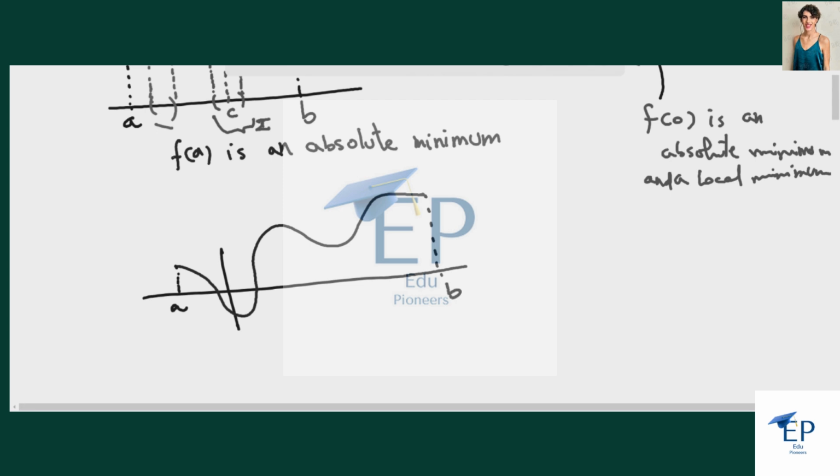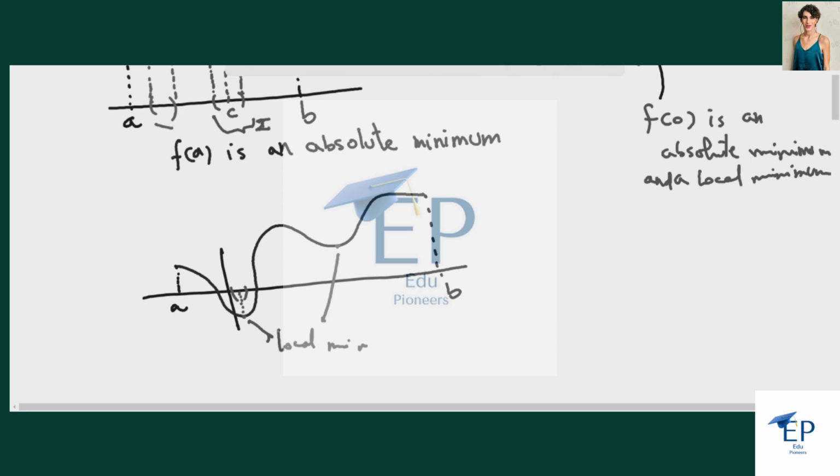This value here is a local minimum. If we look only around this value, at some open interval close to that value, containing that value, we can see that that's the smallest of the values. So we have a local minimum here. We have also a local minimum here.